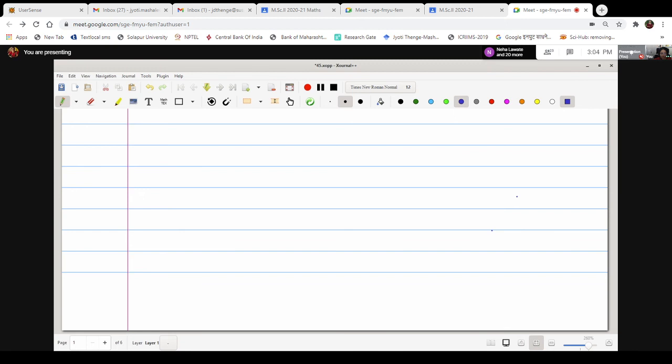I don't know why the page is coming at the end directly. Just give me a minute, okay? Page is coming down.